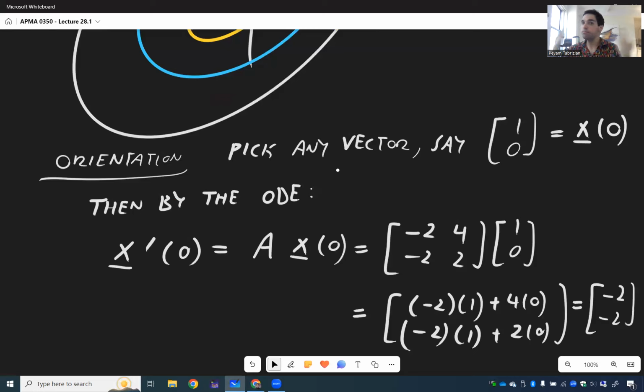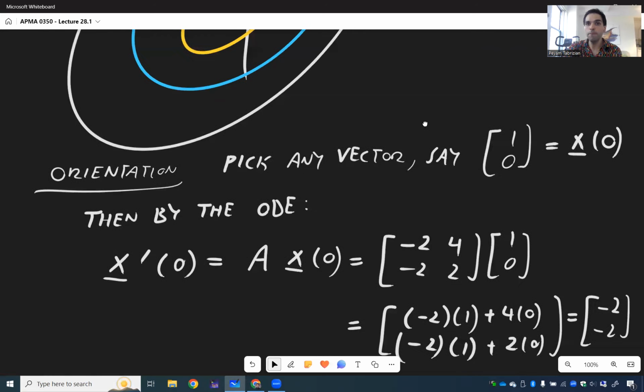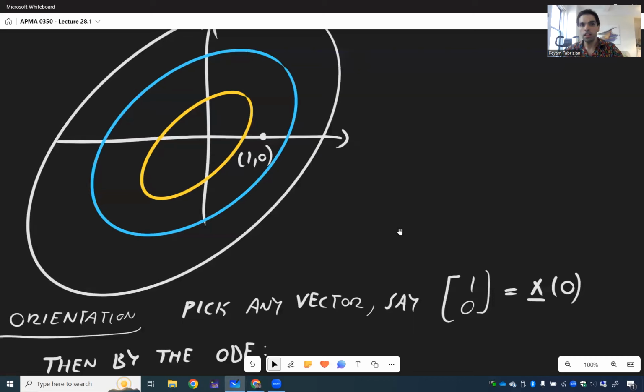So let me recap. Pick any vector, let's say (1, 0), choose that as your initial condition. The ODE tells you x prime initially is A times x initially. So at (1, 0), the solution goes in the direction (-2, -2), which I believe, so you go 2 to the left and 2 down. So it goes in this direction. Do it in green. It goes in the direction (-2, -2).